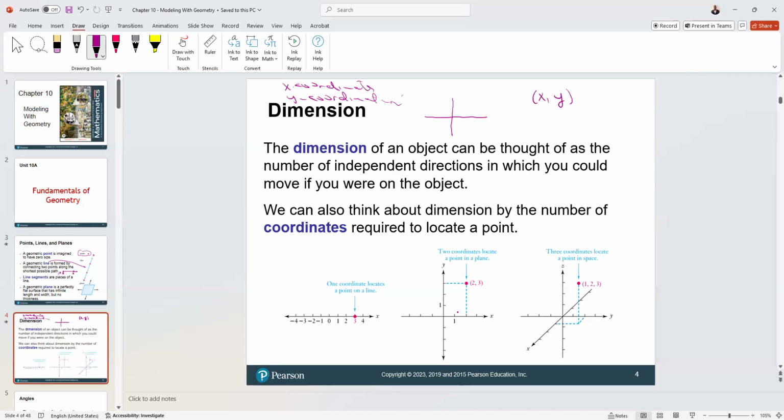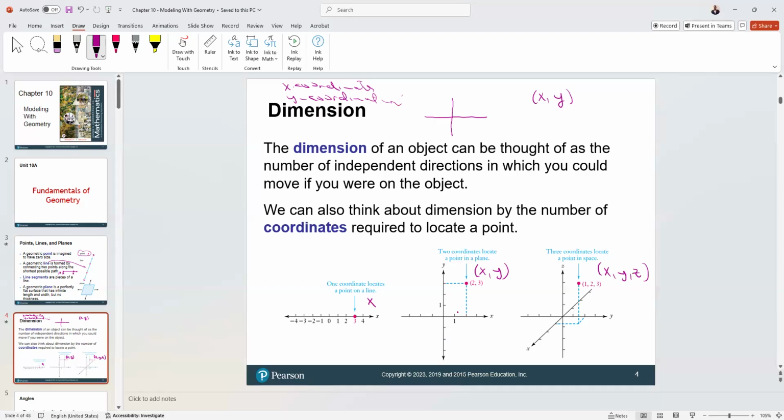A line is one dimension, with only one coordinate, but a plane is two-dimensional because it requires two coordinates to locate a point on a plane. Remember, a point in a two-dimensional plane has an x coordinate and a y coordinate. Three coordinates such as x, y, z. This one has only X, this one has X and Y, and this one has X, Y, and Z. So we are in three dimensions. Of course, that's something you can verify.